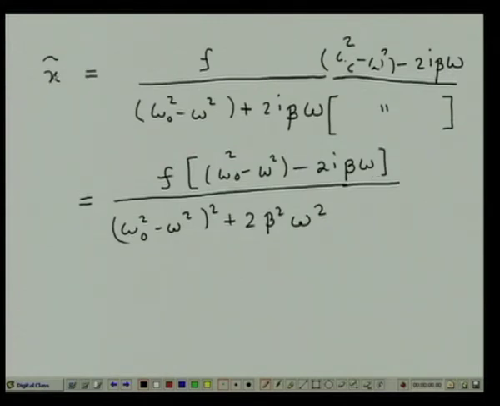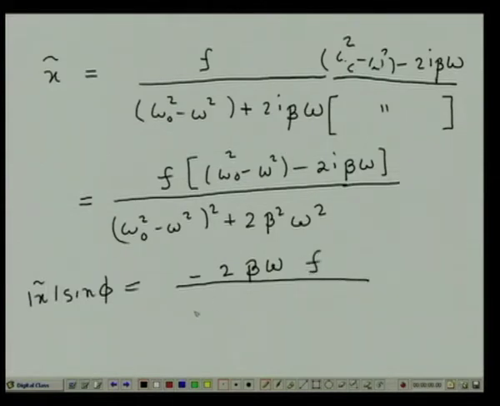So, if I identify the imaginary part of this with mod of x tilde sin phi, then what we can say is that this is equal to minus 2 beta omega into f divided by omega naught square minus omega square, the whole square of this, plus, sorry, this should be 4, not 2, 4, plus 4 beta square omega square.